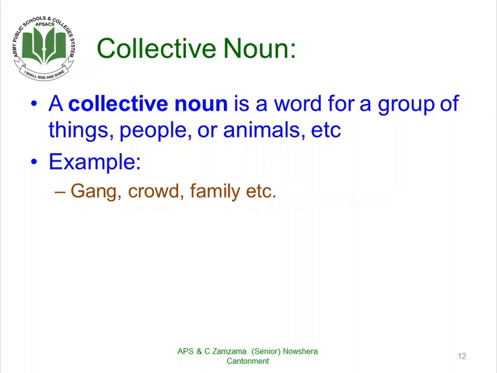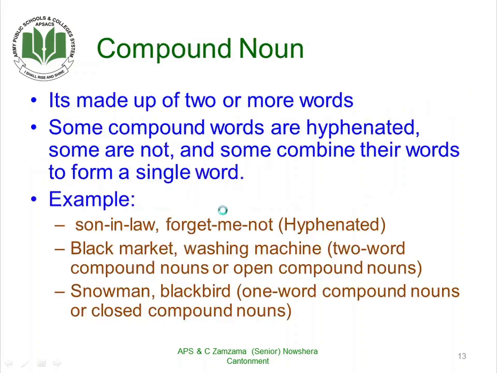As the name shows, it is a collection, or it is a word given to a group. It is for a group of things or animals or people. For example, gang, crowd, family, etc.